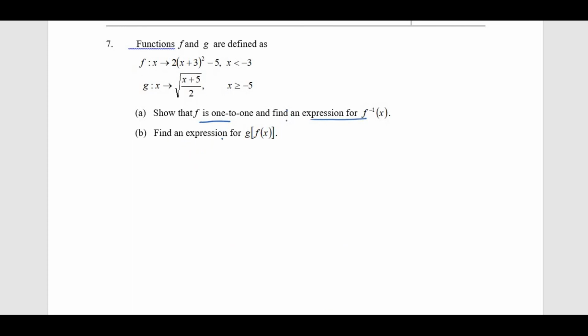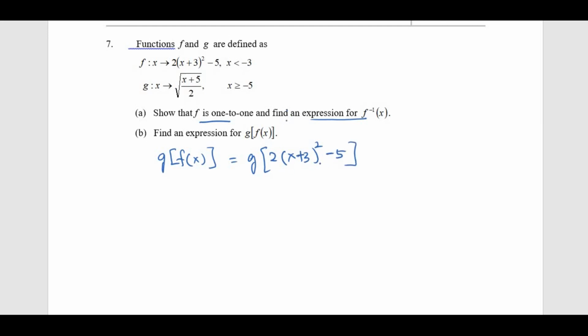We want to find an expression for g composite f of x. So as before, we have g of f of x. So f of x is equal to 2(x plus 3) squared minus 5.